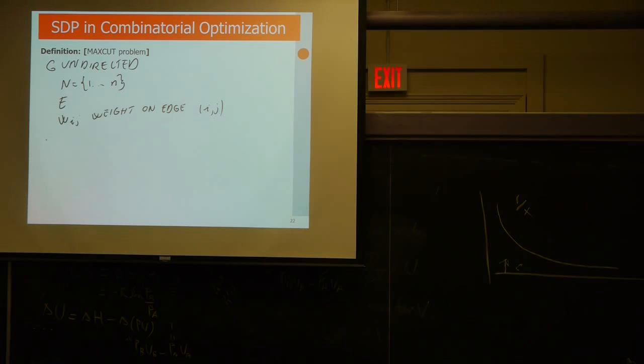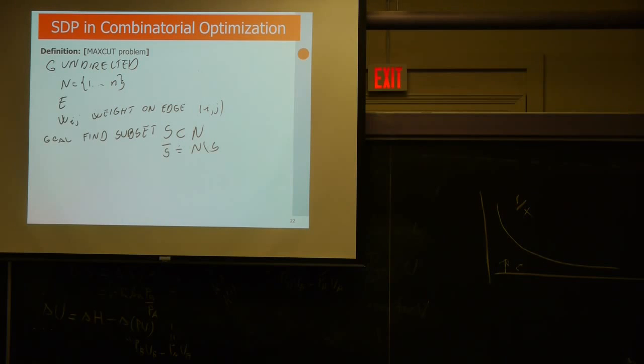And the goal of the max-cut problem is to find a subset S, a subset of the nodes. Its complement is denoted as S bar, such that the sum of the weights of those edges that are going from S to S bar is maximized.